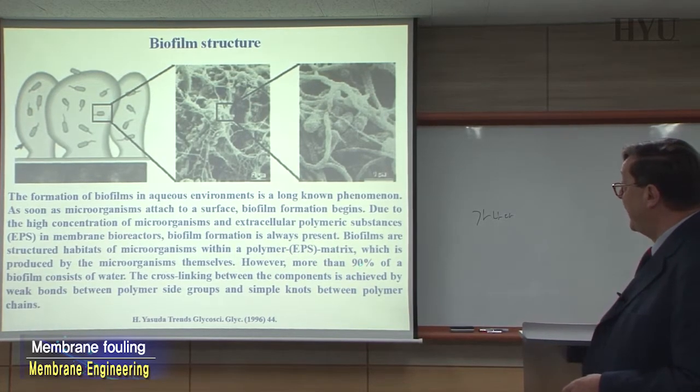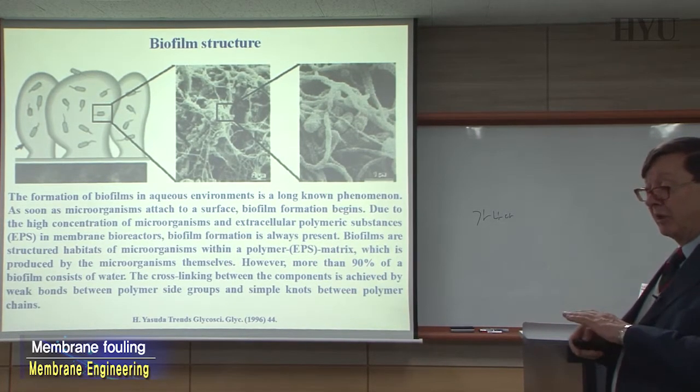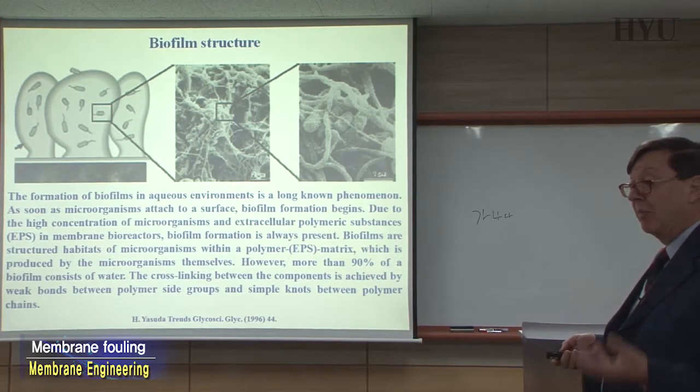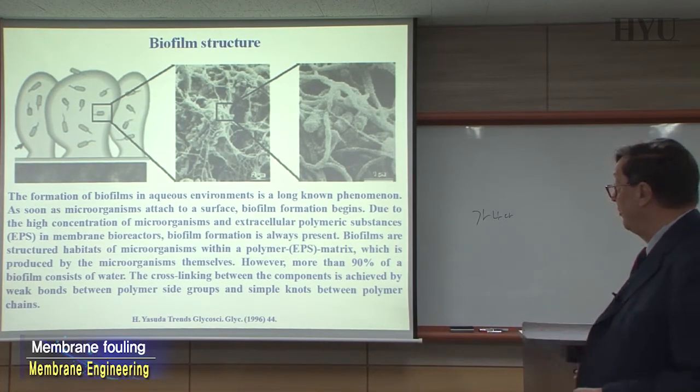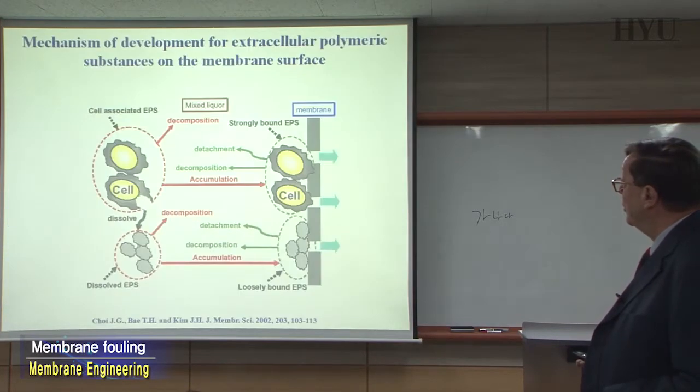And also 90% of what they are forming here, this biofilm, is still water, but they form a homogeneous film, and that is what is creating the real trouble in this situation.